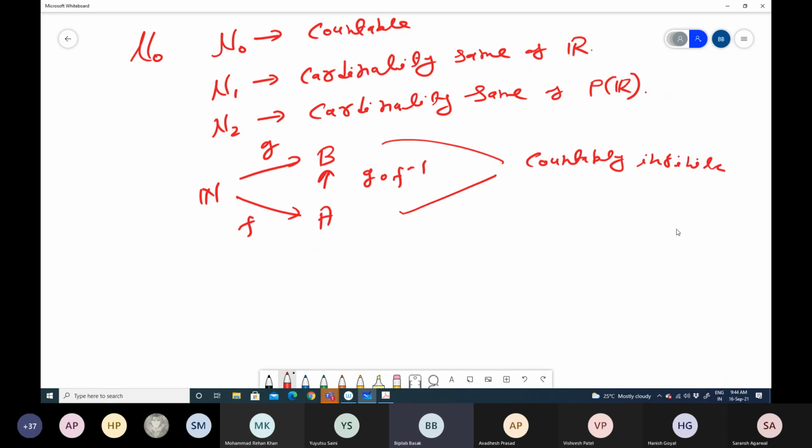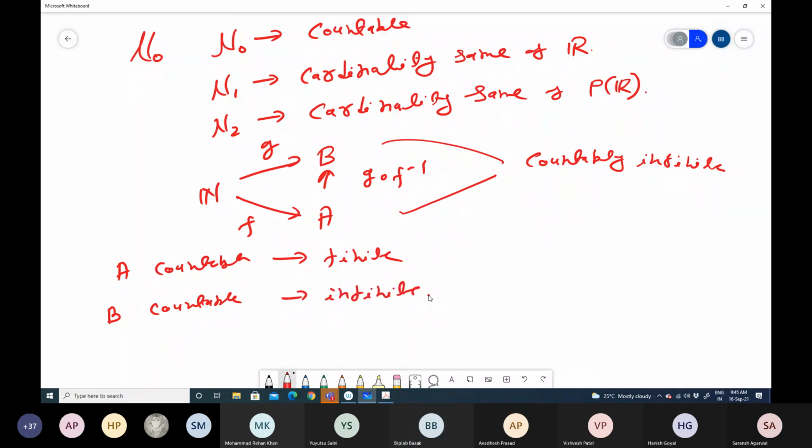Yes, thank you for the clarification. So if A and B are both countably infinite, then they have the same cardinality. But if A is countable and B is countable, that does not mean they have the same cardinality, because one can be finite and the other infinite. If both are infinite, then you can see they have the same cardinality.